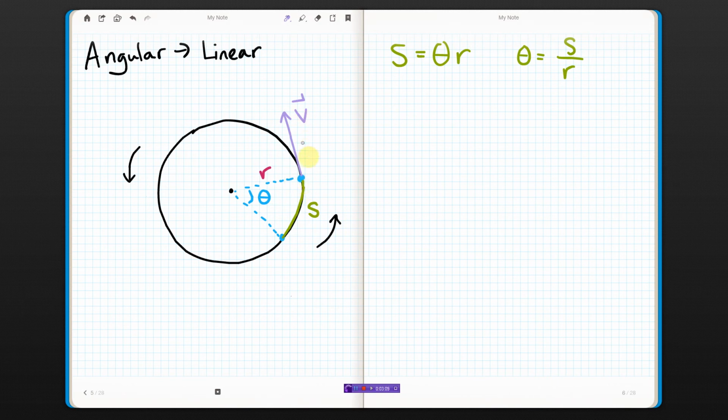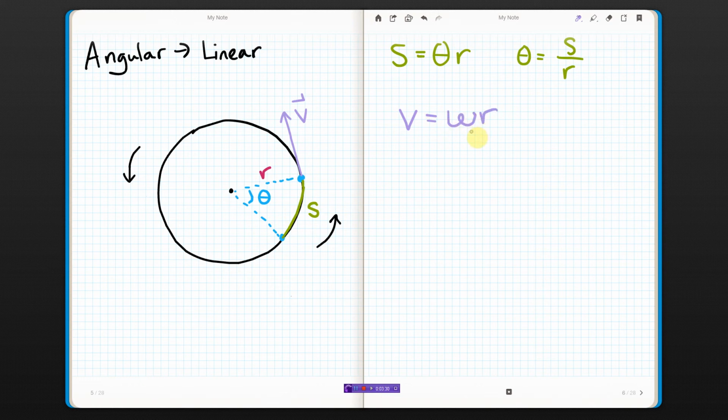If you think about it, v is like the derivative of s, kind of, the change of s per unit of time. We could go that way, but it's easier just to tell you: the tangential velocity of the object is equal to the angular velocity times r.